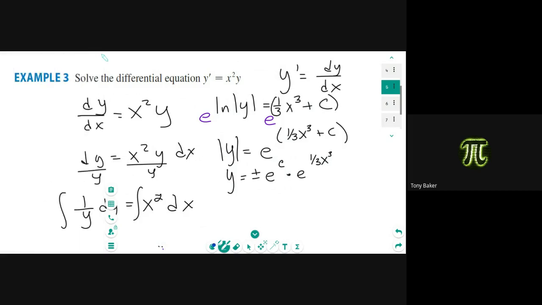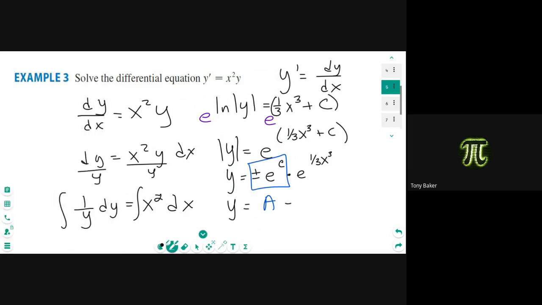That whole thing right there is just a constant. I'm not going to use c, we're going to say that's a. So y equals a e to the, I'm actually going to write this as x cubed over 3, just to make it a little cleaner. And that's my final answer.